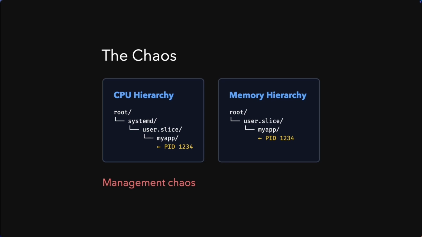This created management chaos. Who owns the cgroup? How do you delegate control? What happens when you want to migrate a process? Do you move it in all hierarchies or just one? This is why cgroup v2 exists.